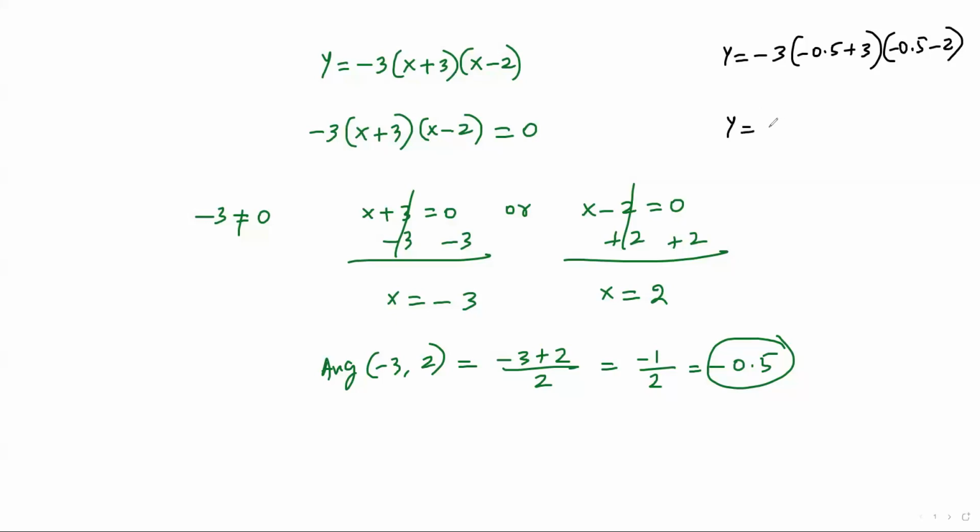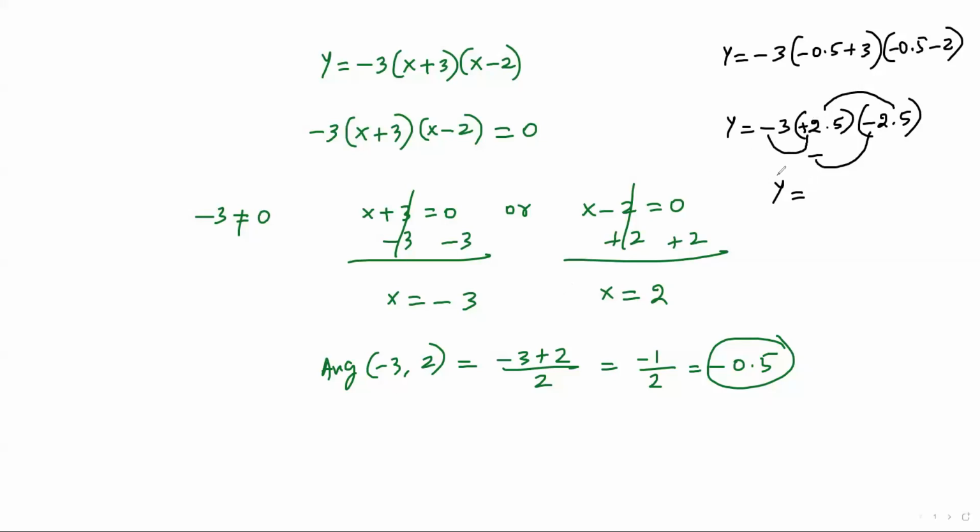So y equals negative 3 times, when I combine negative 0.5 and 3, it will be positive 2.5. And when I combine negative 0.5 and negative 2, it will be negative 2.5. So this is positive 2.5. When I multiply this negative and positive, I get negative. Negative times negative will become positive. So y is equal to positive, and when I multiply this 2.5 by 2.5, it will be 6.25.